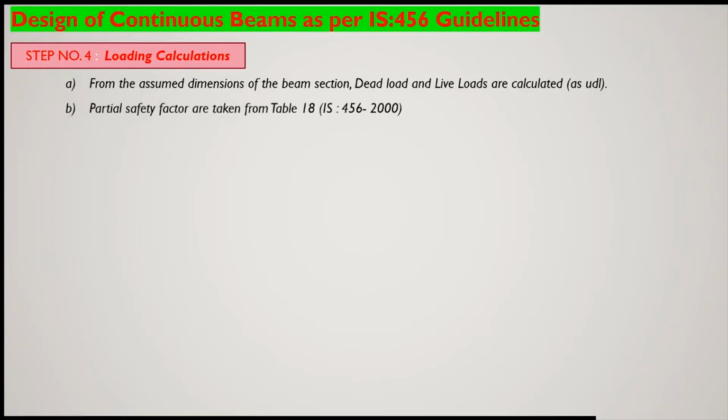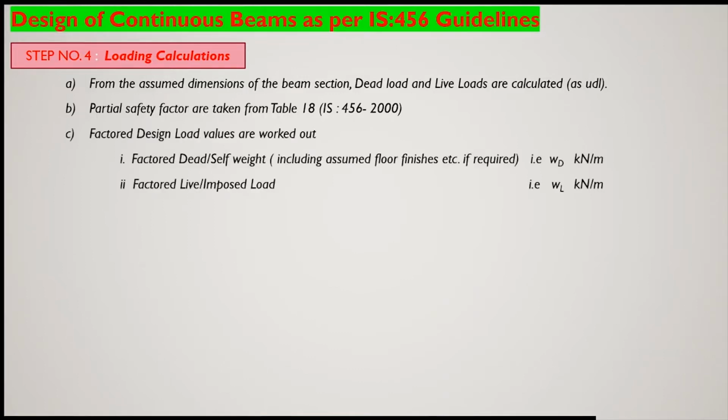Then according to Table 18 from IS 456, we will work out the partial safety factor in case of the limit state methodology of design. So partial safety factor values will be taken from Table 18. Then the factored design load will be worked out.